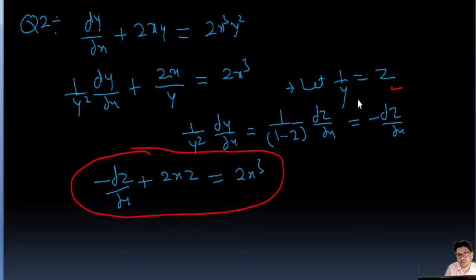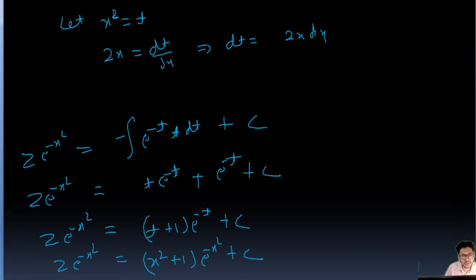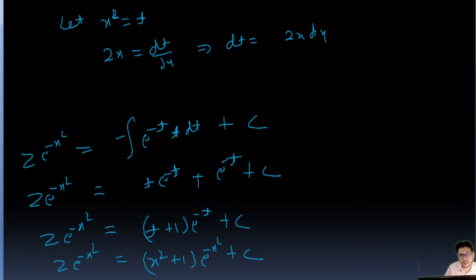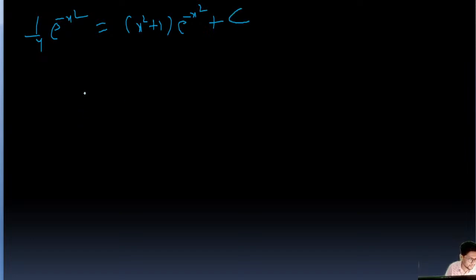So this is going to be, instead of z we'll write 1 upon y, equal to (x square plus 1) e to the power minus x square plus c. So this is the answer, guys, for this.